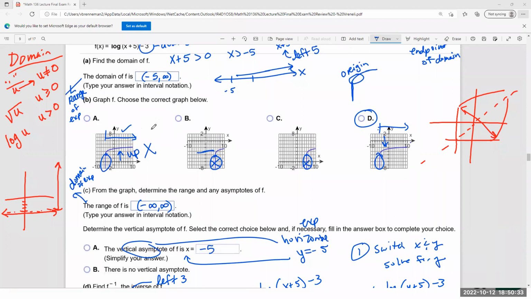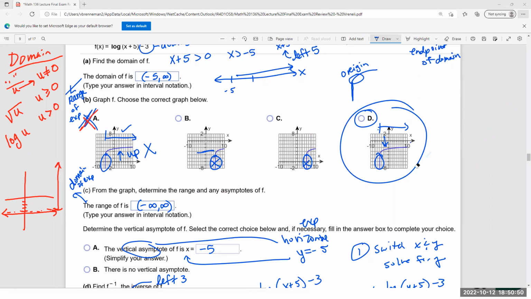Oh, because I'm looking at A, we said was not right. That's why I was pointing out this was the correct graph. So let's try that again with the correct graph for the log. All right, so we had this down here and turning point reflecting across the y equals x.